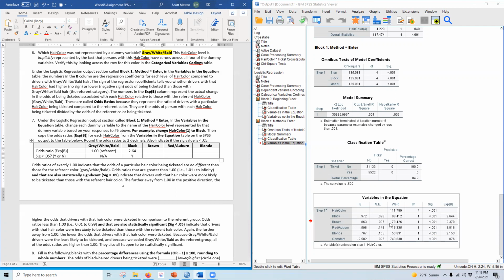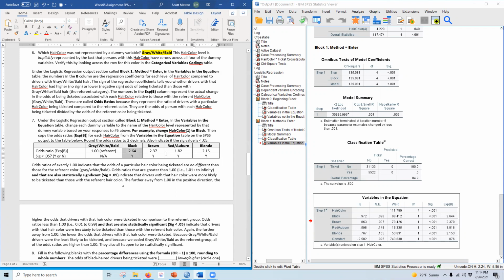Brown is 2.37. And is that sig less than 0.05? Yes, it is. Red/auburn is 1.82 is what we'd round that to. Sig less than 0.05, indeed it is. And finally, blonde, 3.15, and sig is indeed less than 0.05.